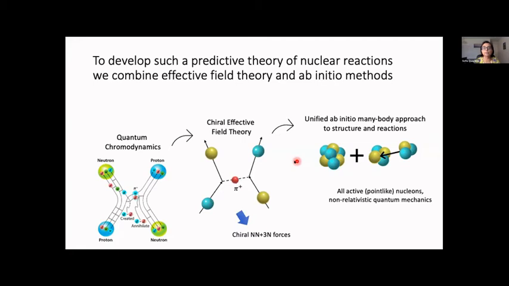In particular, to describe nuclear reactions we need ab initio many-body methods that provide a unified description of both the structure and the reactions of nuclei. Of course, this is a very computationally intensive field.